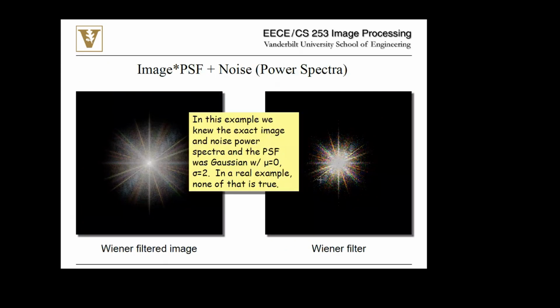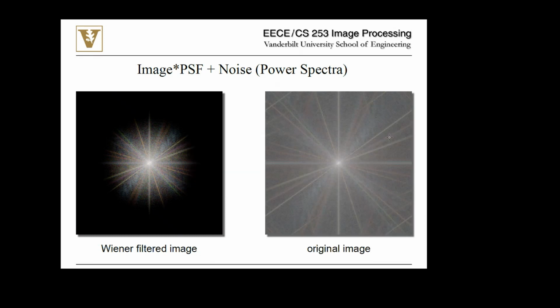Now this is how it looks in real space. So the very high frequencies have killed all the information there, and you cannot recover it. This was the original, this is after filtering, this is the original. So the high frequencies we cannot recover.